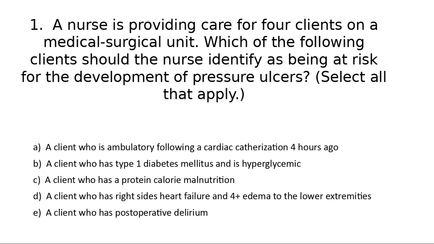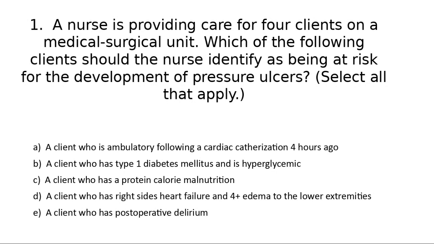Who do you think? You're caring for a patient. A nurse is providing care for 4 clients on a med-surg unit. Which of the following clients should the nurse identify as being at risk of developing pressure ulcers? We talked about who's at risk, right? A client who is ambulatory following a cardiac catheterization 4 hours ago. Why are they not at risk? What are 2 things that point out to you that they're not at risk?